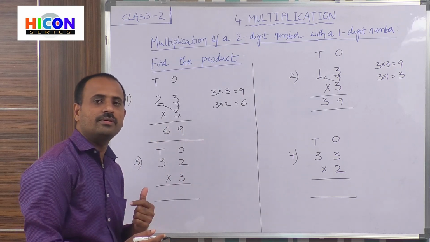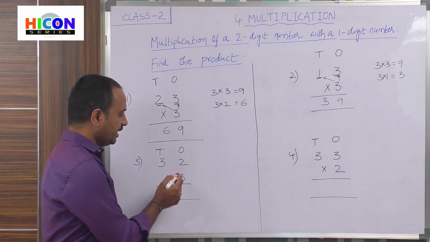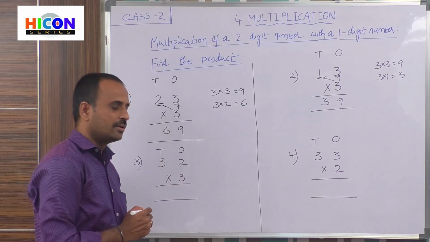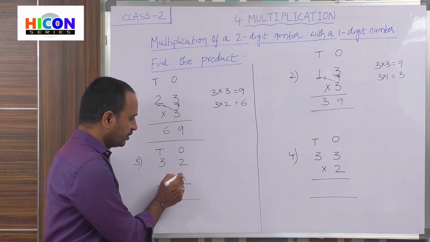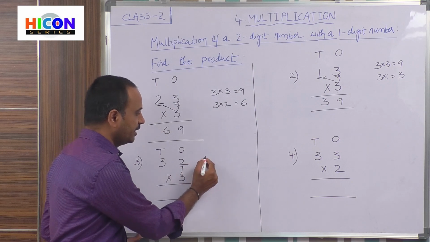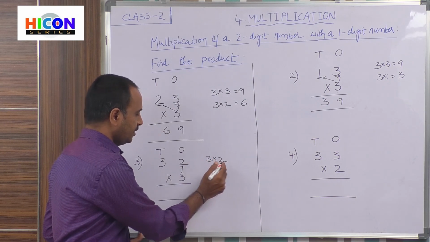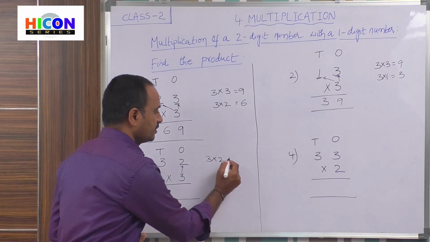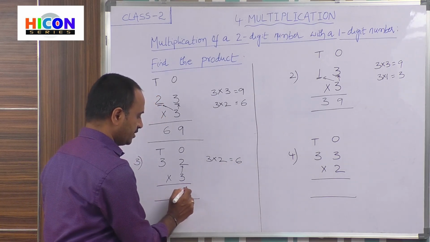First start from ones place. What is present in ones place here? 2 is present in ones place. So multiply this 2 with 3. That is 3 into 2. Children, 3 twos are how much? 3 twos are 6. So write this 6 under ones place.